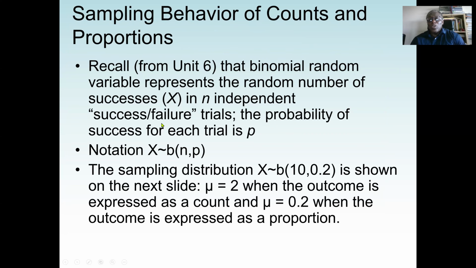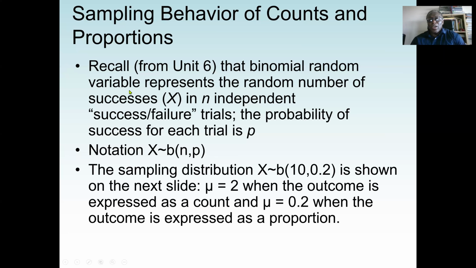The outcome is always success or failure, true or false, yes or no. The probability of success for each try is called P, and the failure will be Q, which will be 1 minus P.